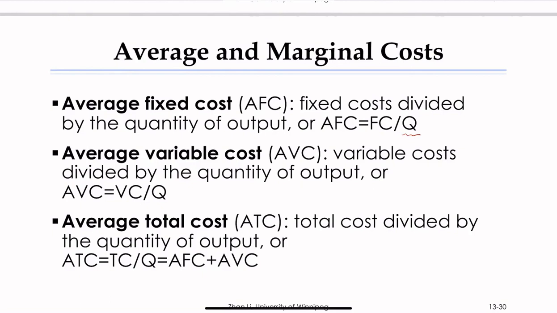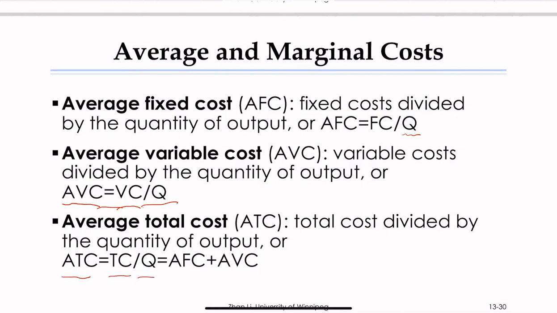And then similarly, average variable cost refers to the variable cost divided by the quantity of output. Right? So AVC, average variable cost, equals variable cost divided by quantity. And then again, similarly, average total cost equals total cost divided by quantity.